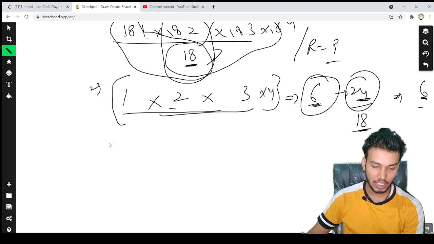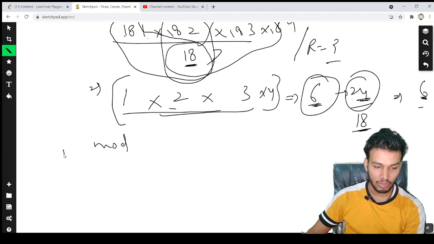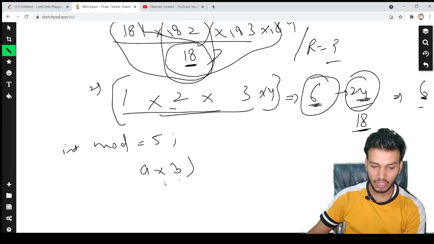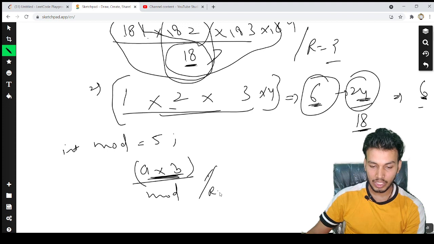So let's say you create a variable, int mod equal to, let's say, some value like 5, 7, 10, whatever the value is. Let's say you have two numbers for now, a times b. If you need to find the remainder when you divide this product by mod, what would it be?